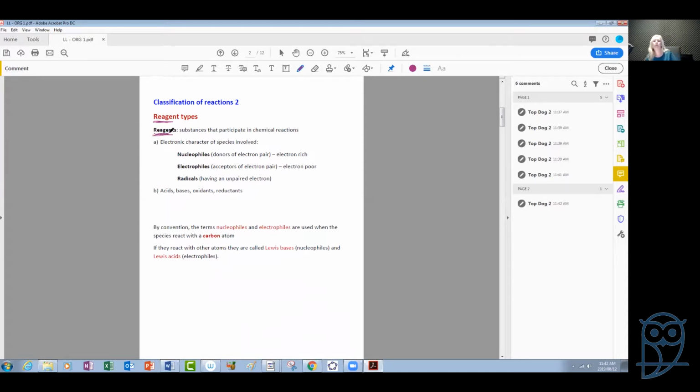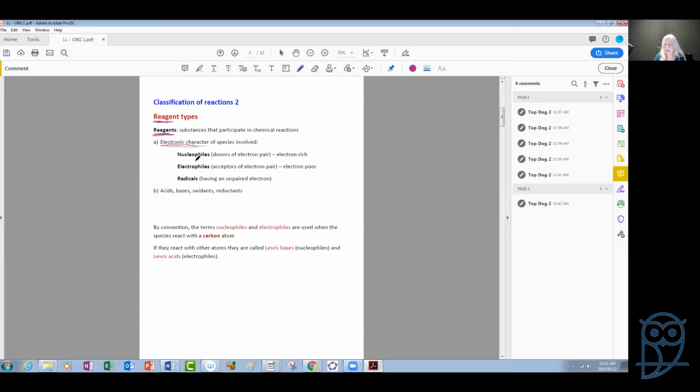The reactants, for example, we can call them reagents. Now these reagents can be classified into special categories, and this classification is important in organic chemistry. For example, one classification is in terms of the electronic character of the reagent. And we classify them in terms of electronic character as nucleophiles or electrophiles or radicals.